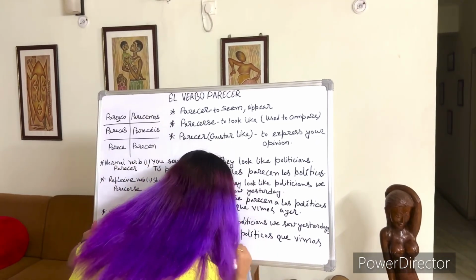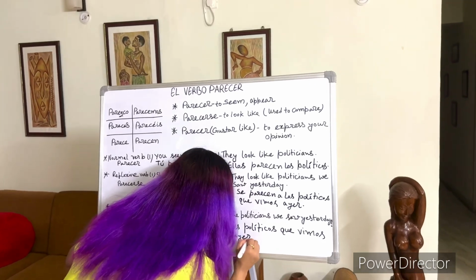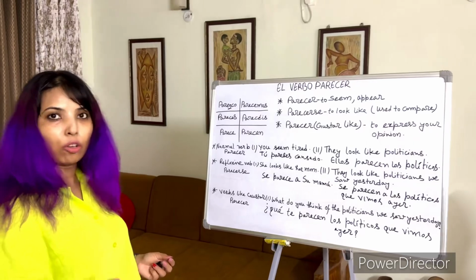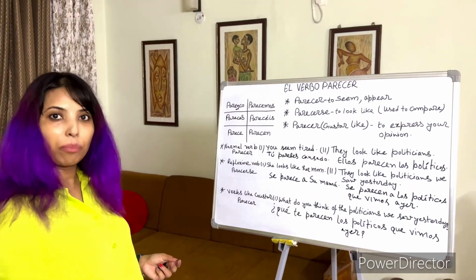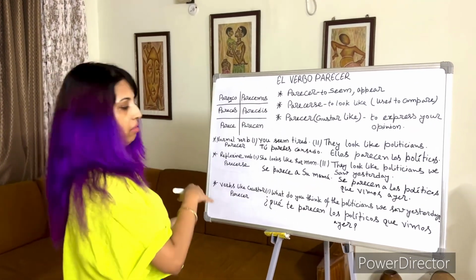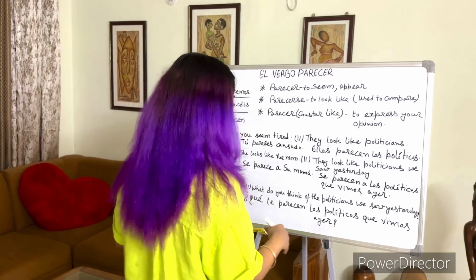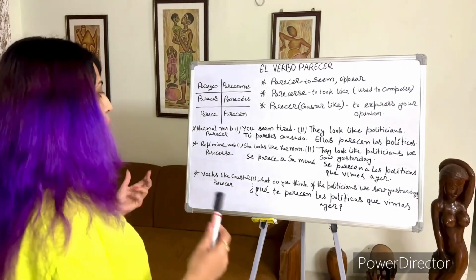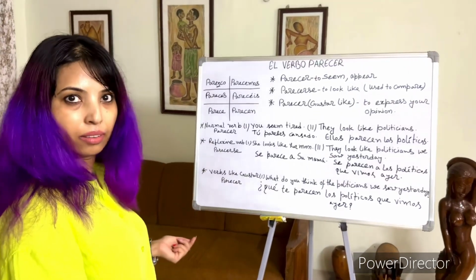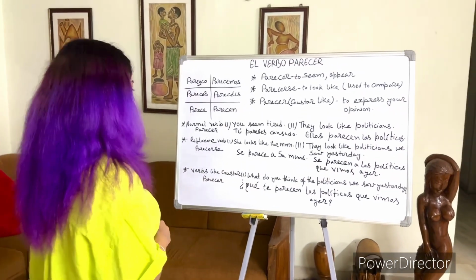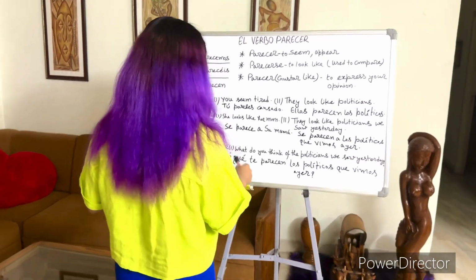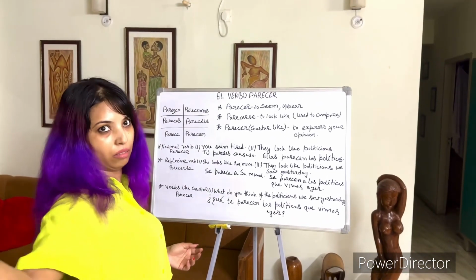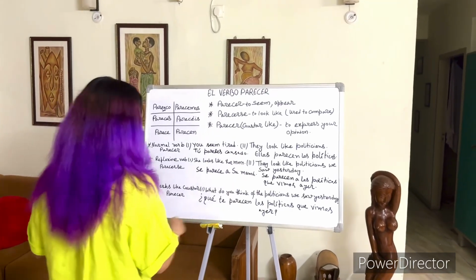Que vimos ayer, ayer is yesterday. ¿Qué te parecen los políticos que vimos ayer? If you just want to ask, what do you think? ¿Qué te parece? Or ¿qué les parecen? What do they think? So it's like that.